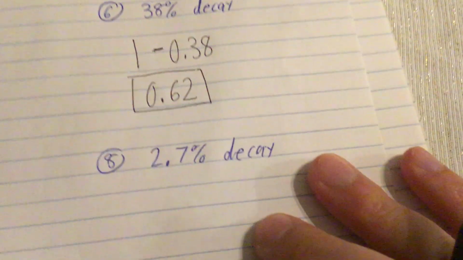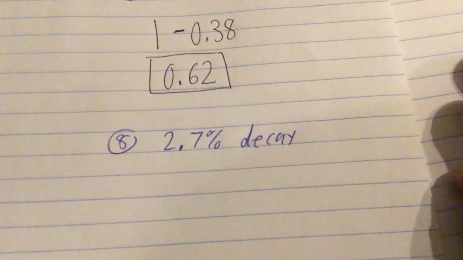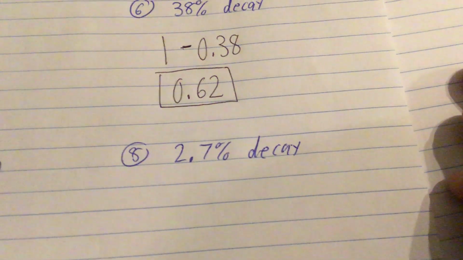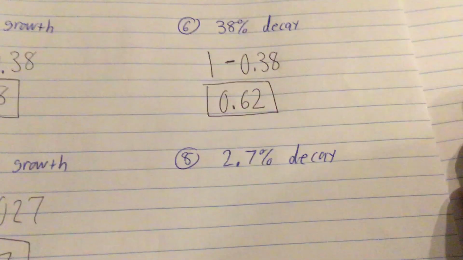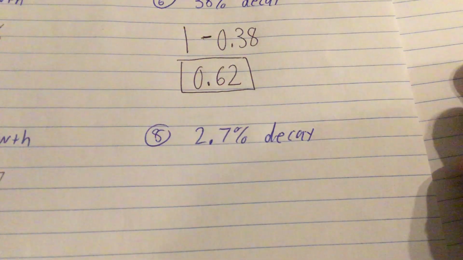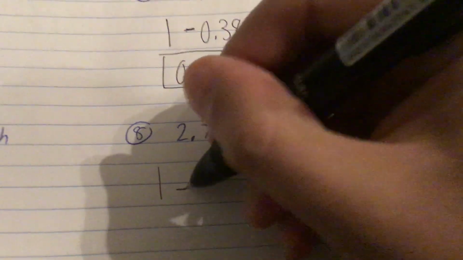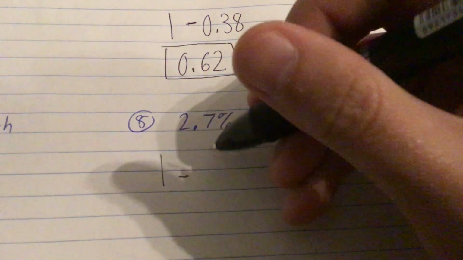Okay. However, if something were to decay at a rate of 2.7% per day, or 2.7% per week, or 2.7% per year, what would my scale factor actually be? I would take my original 100% and subtract it by that 2.7% as a decimal.